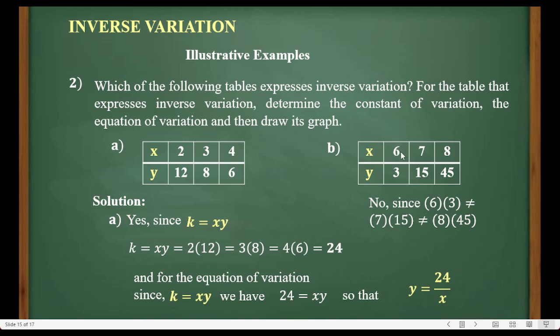Since 6 times 3 is 18, 7 times 15 is not 18, neither is 8 times 45 the same as the product of these two. So the product of x and y is not constant. So, letter B does not express inverse variation.